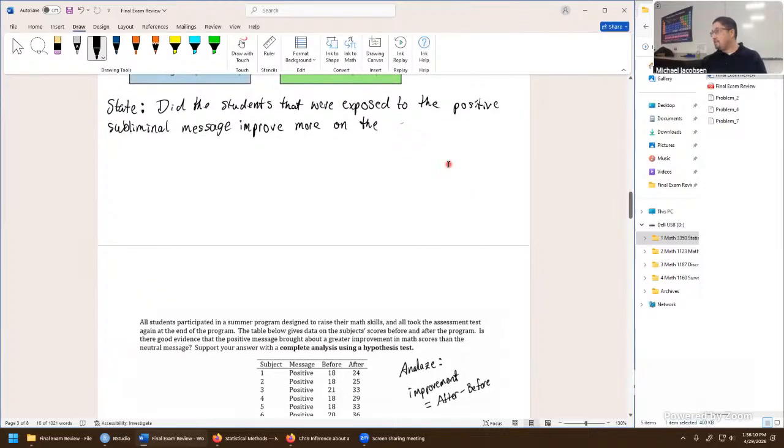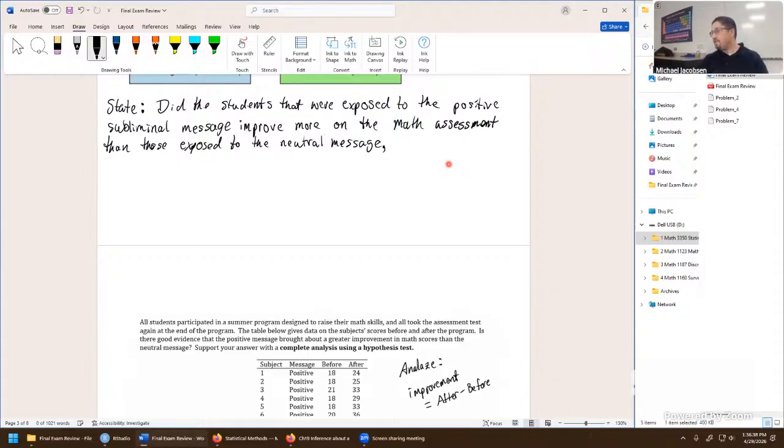So say, did the students that were exposed to the positive subliminal message improve more on the math assessment than those exposed to the neutral message?